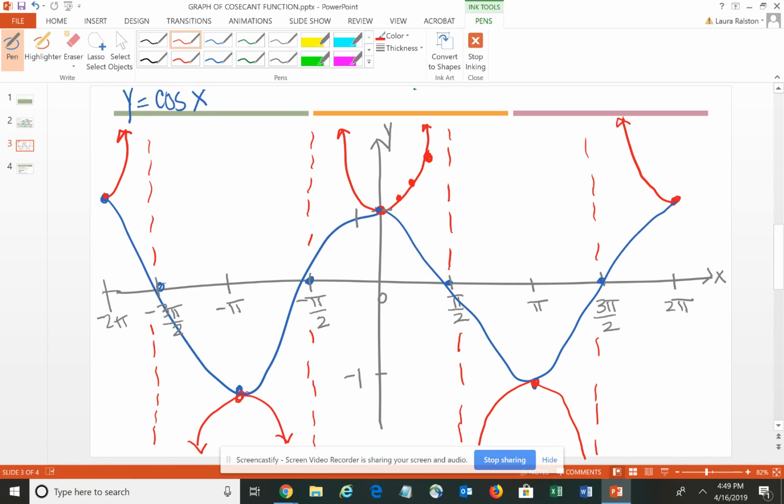And so here's the curve. Basically, your secant in red, you start at 1, you end at 1, you mid at -1, and you have asymptotes in between, if you want to think about it that way.